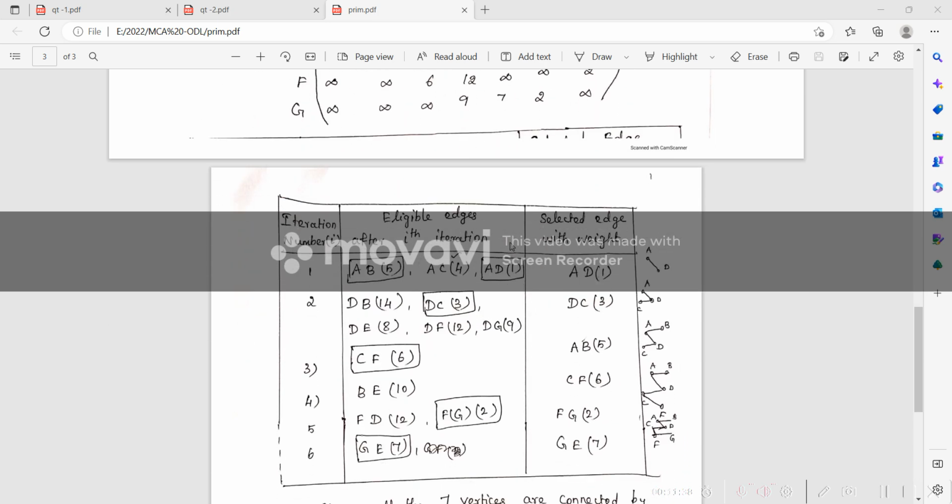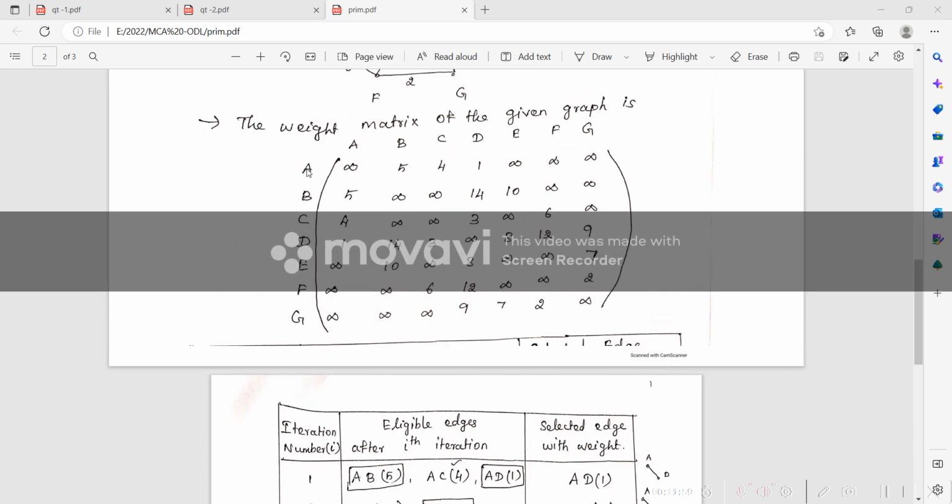Okay, and then we are forming one table to find the minimum spanning tree. So the first column is the iteration number, the next one is eligible edges after the ith iteration, and the next one is the selected edge with weight. Okay, so first iteration 1.